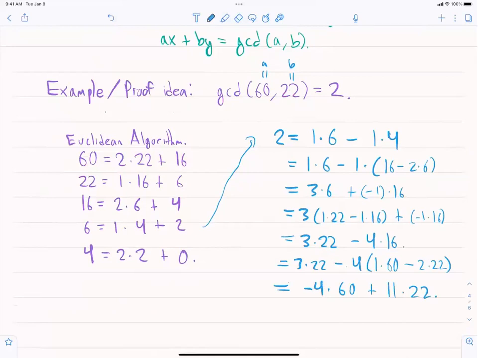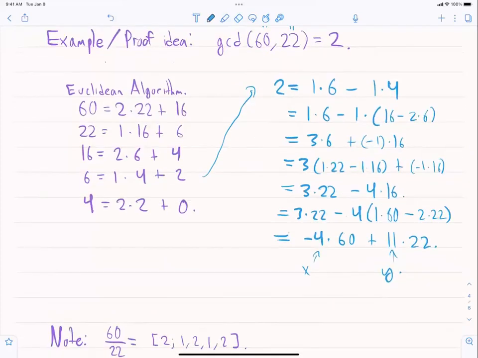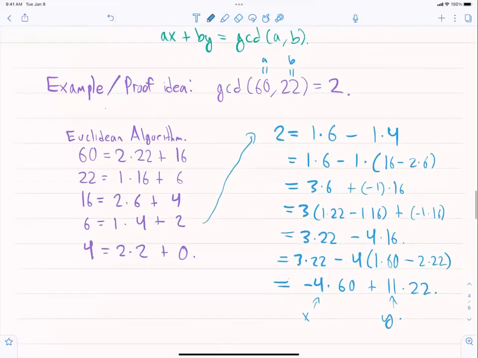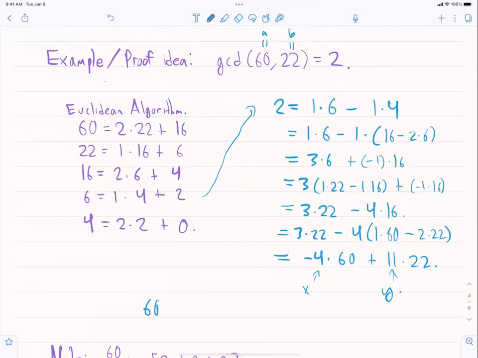And so this is my x, this is my y. If I just order this, so ax, 60 times minus 4 plus 22 times 11.